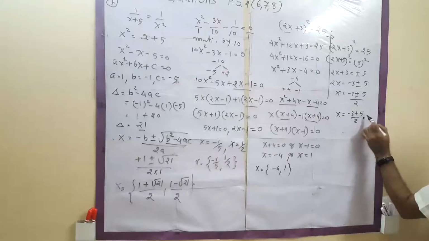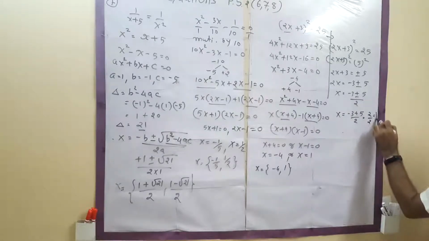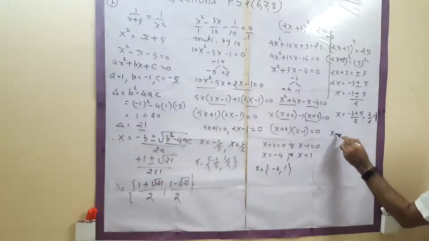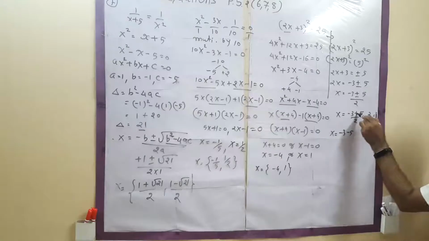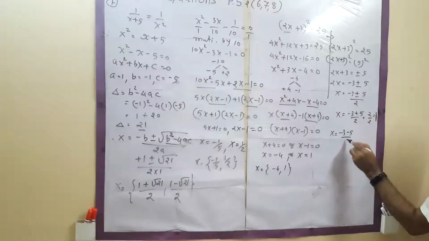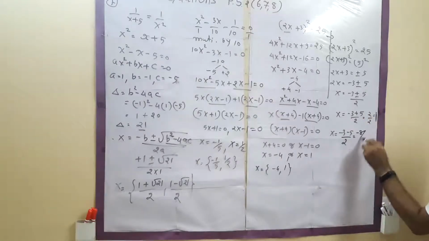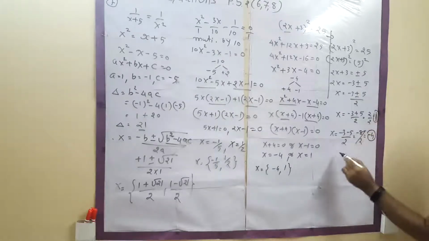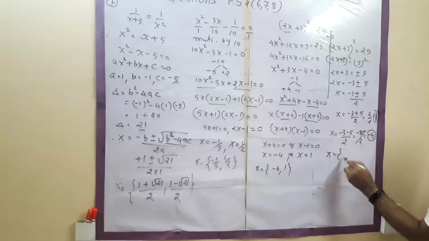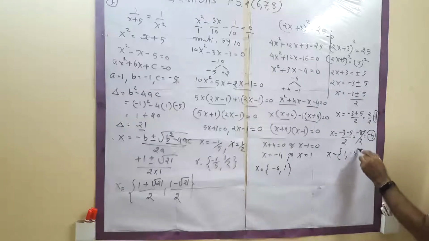This is equal to 5 minus 3, 2 by 2, that is 1. And the second time, minus 3. One time I have taken plus 5, now I will take minus 5 by 2. So minus 8 by 2. So the x is equal to 1 or minus 4.